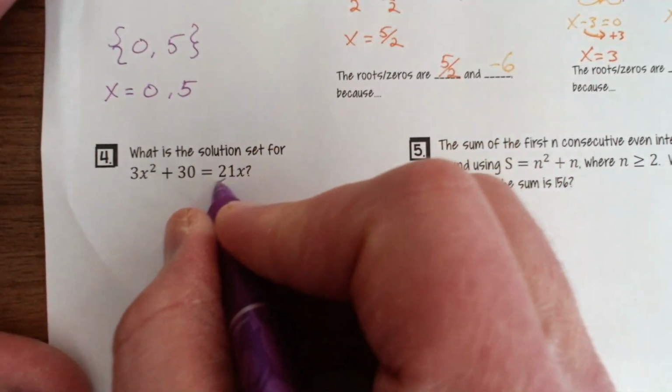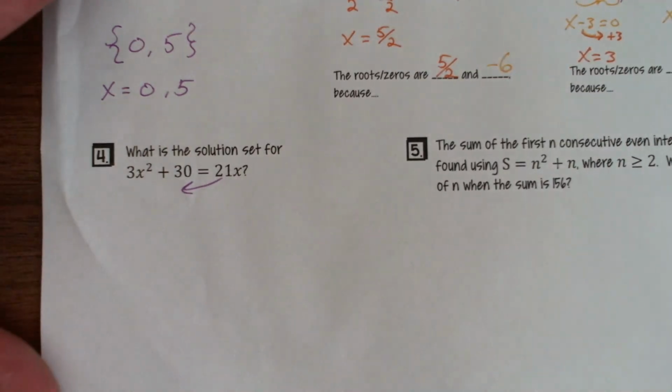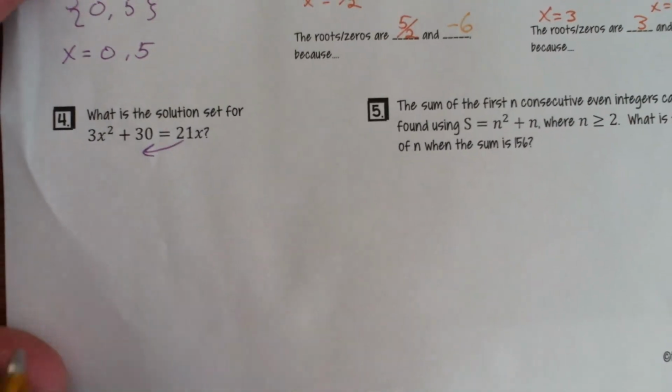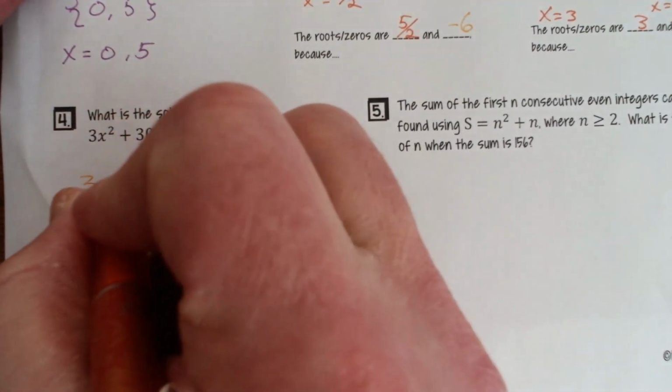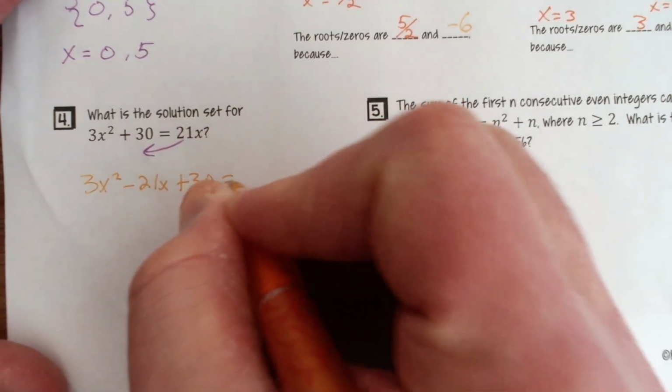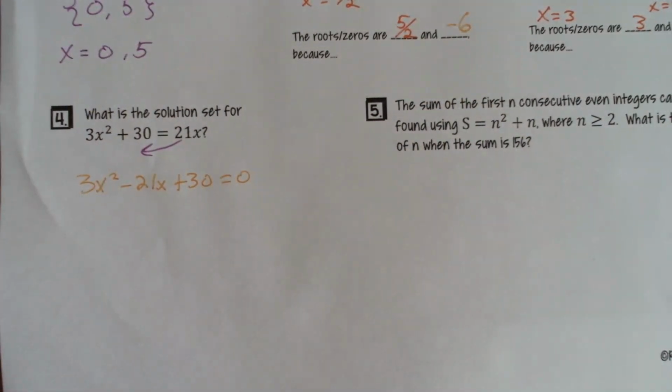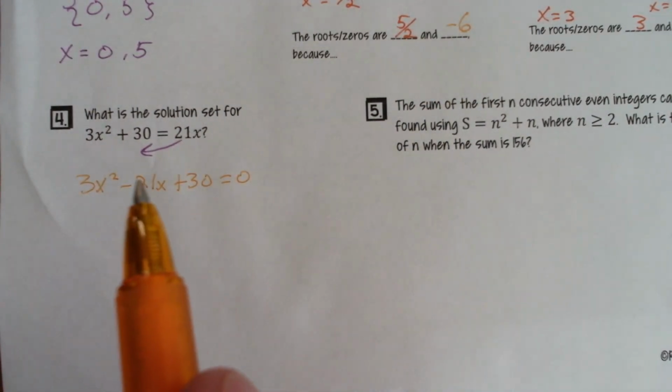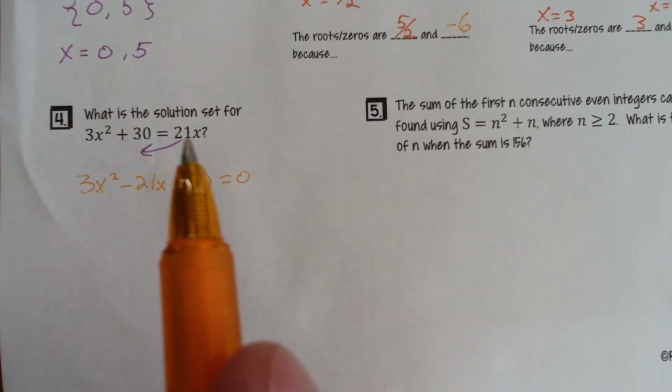So the first thing we're going to do is move this 21 over. So this will become 3x squared minus 21x plus 30 equals 0. Notice how I put that 21x right here in the middle, because that's my b value.